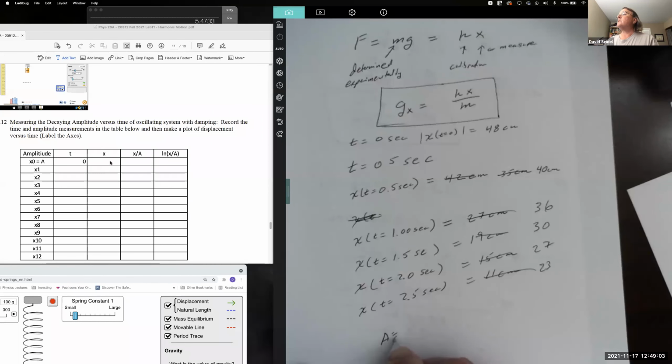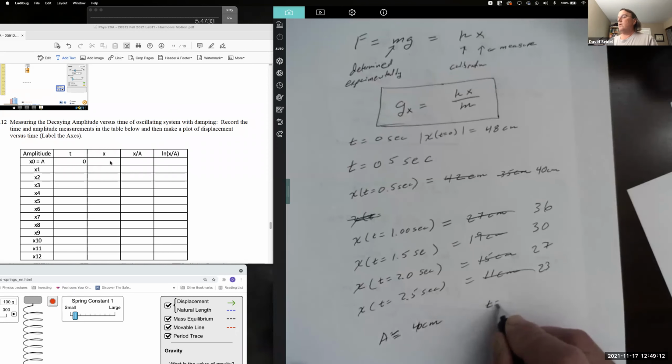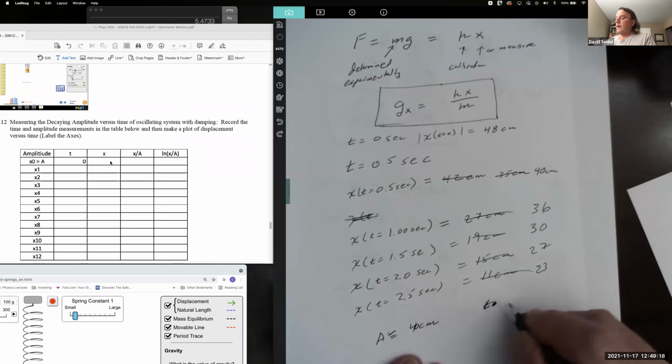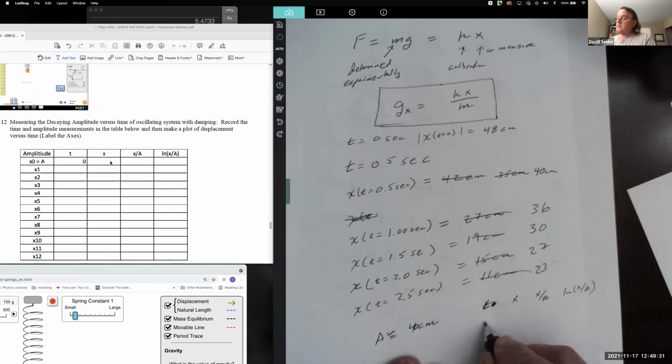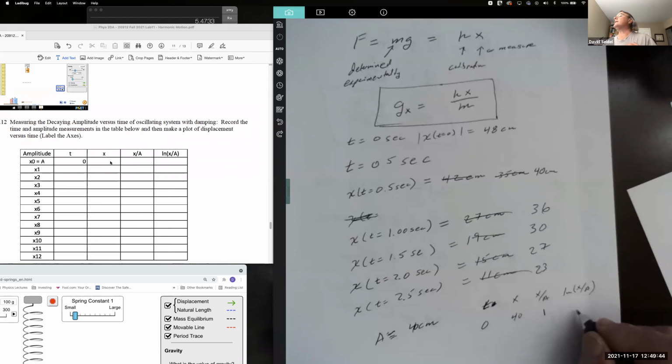So we have t, we have x over A, and we have ln of x over A. So I have 0, I have 40, I have 1, then I will calculate ln of x over A in a moment, but it should be 0.